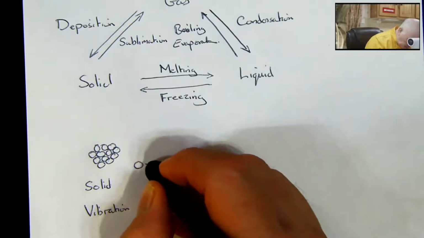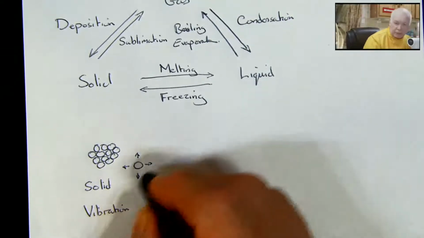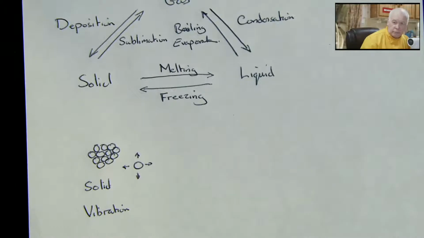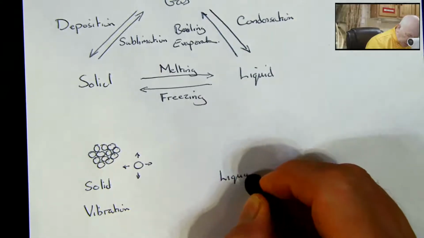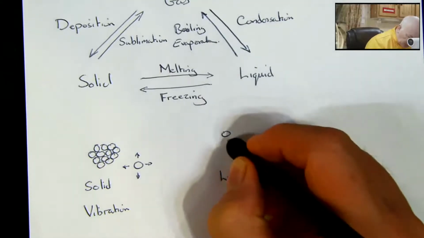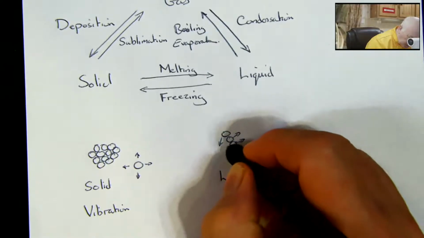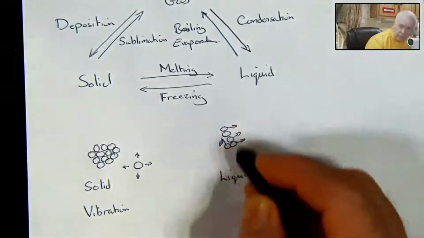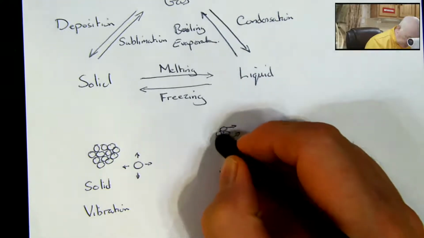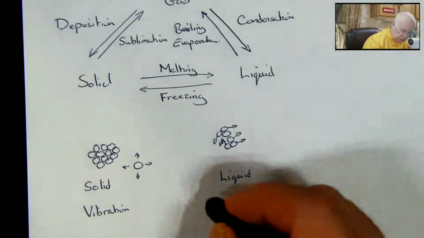Each molecule is sort of just moving a little bit in each direction. In a liquid, molecules aren't any further apart, but they are all moving around, as we saw. But they are constantly touching.